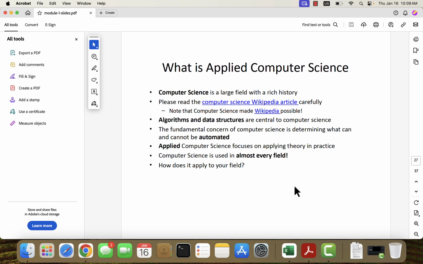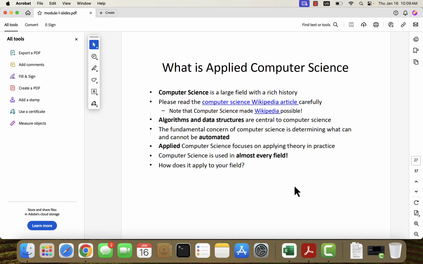As you can see, algorithms and data structures are central to computer science. Now, the fundamental concern of computer science is determining what can and what cannot be automated, whereas applied computer science focuses on applying theory in practice.